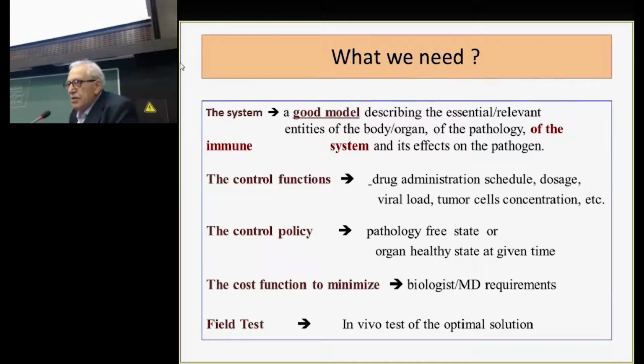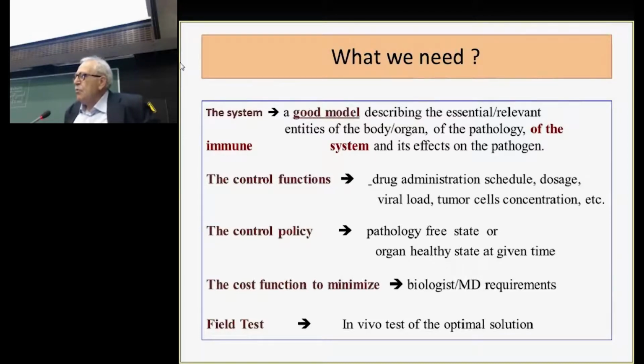Here comes the difficult part of the game. Do we have a good model of the system? We really don't. We can only approximate. But of course, we try to have good models.